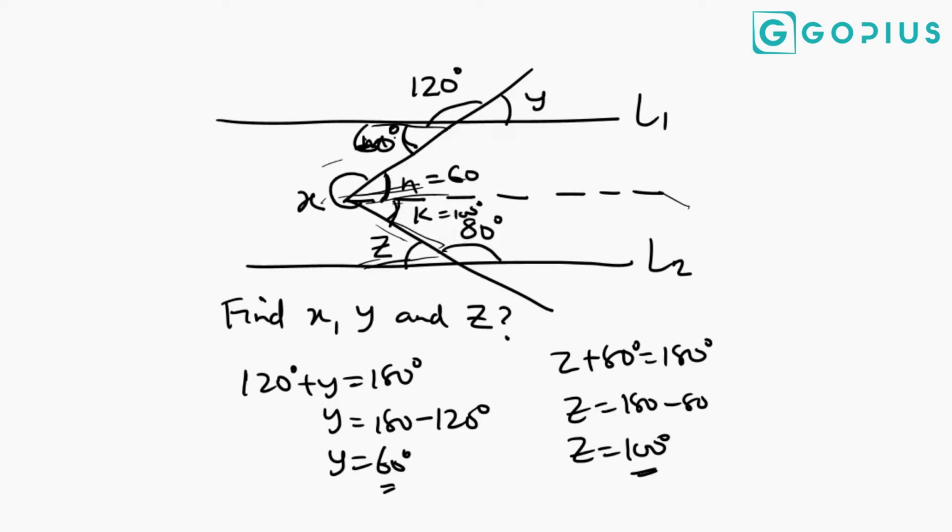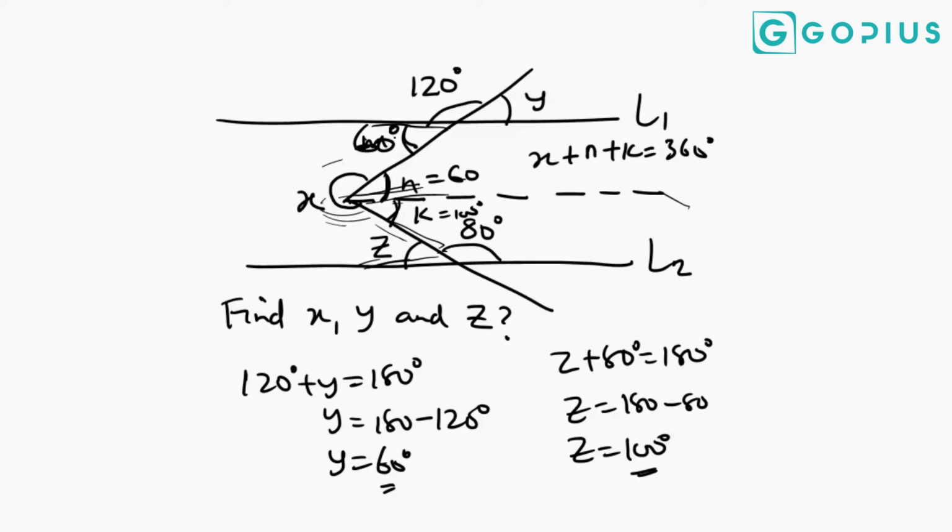Okay, so everything here now is angle at a point, which means X plus N plus K equals 360 degrees. Angle in a circle is 360. So if you have a circle, angle at a point at the center will always add up to 360.